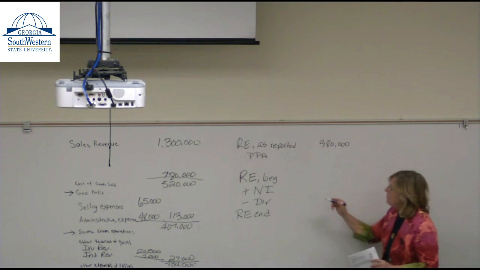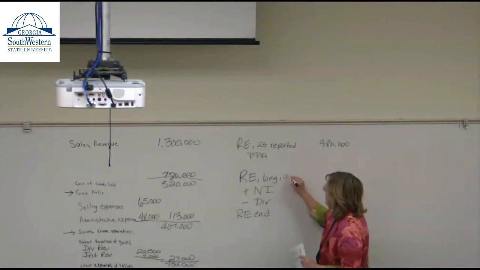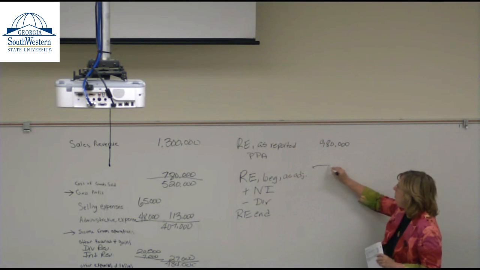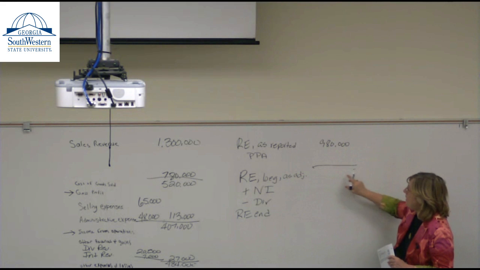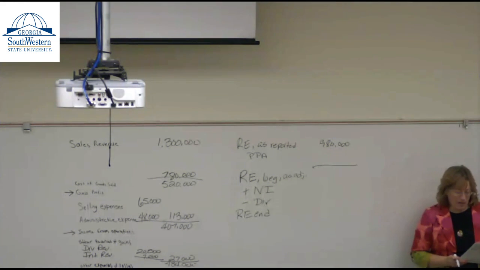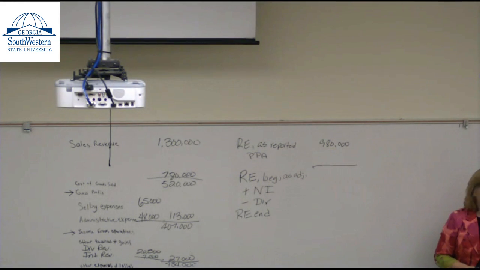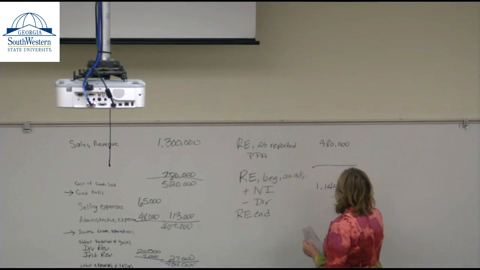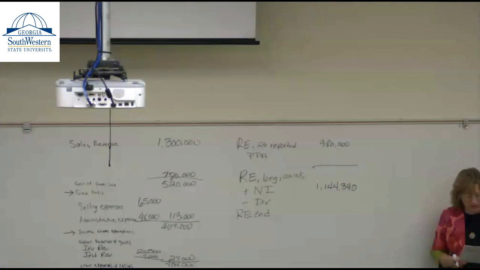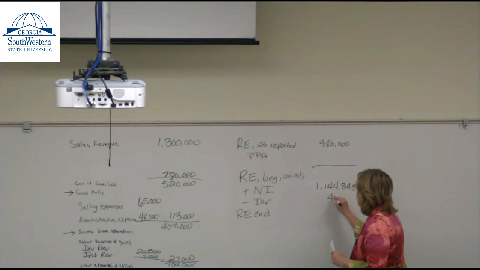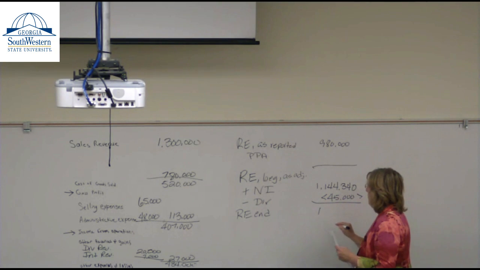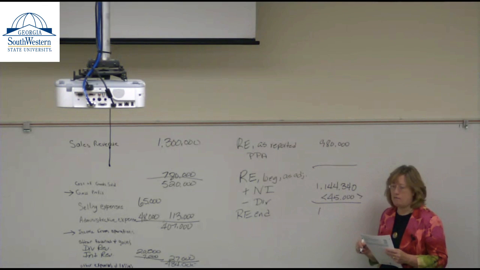And then we're going to have retained earnings as adjusted. Okay, so you see how that goes? We're going to have some number here, and then retained earnings as adjusted, and our net income, well, we've erased that number, was $1,144,340. And we had dividends of $45,000. So to get an ending balance of whatever that is, right?